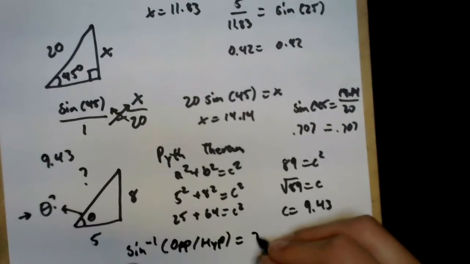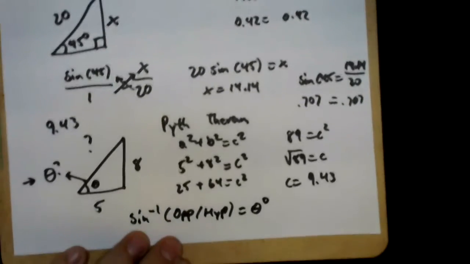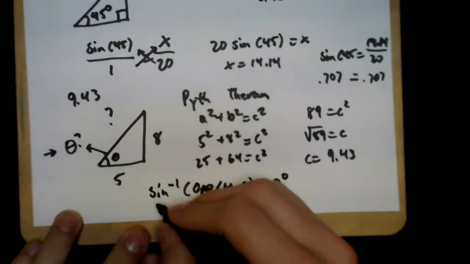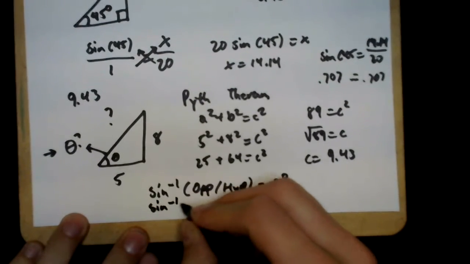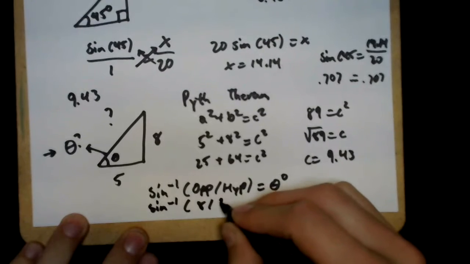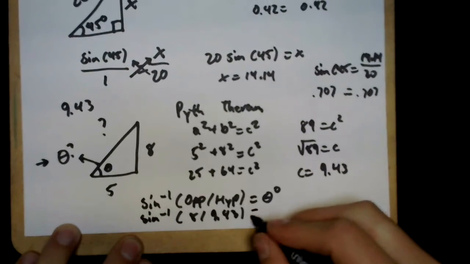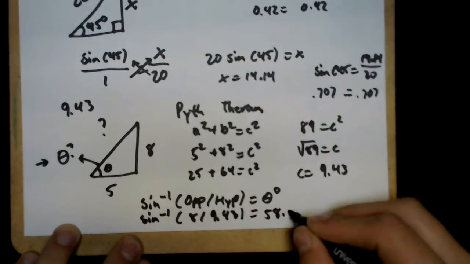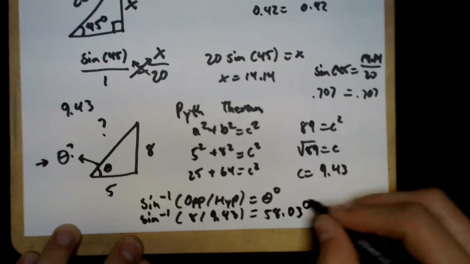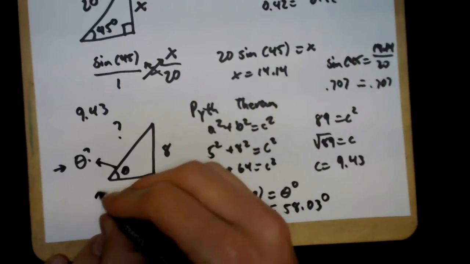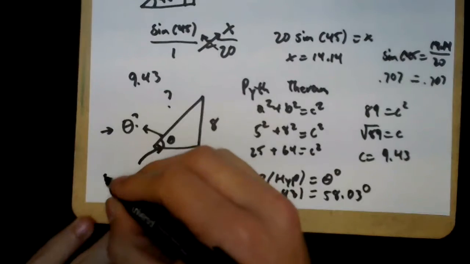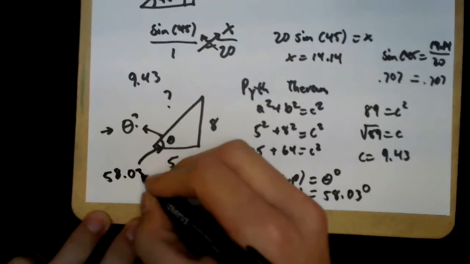It gives you your theta in degrees. So in this case, sine inverse of 8 over 9.43. Inverse sine of 8 divided by 9.43, we should get 53.03 degrees. And that would be your degree measure.